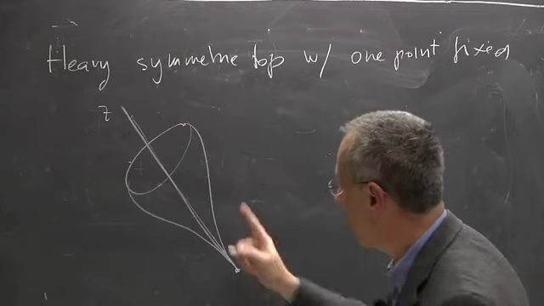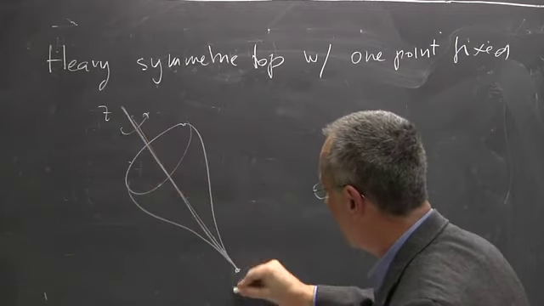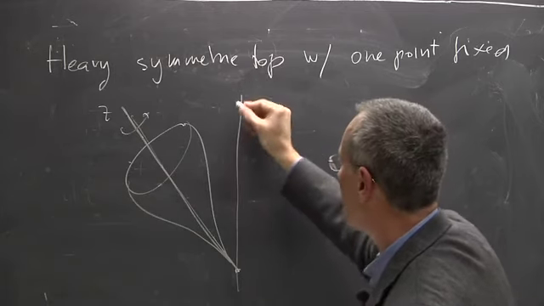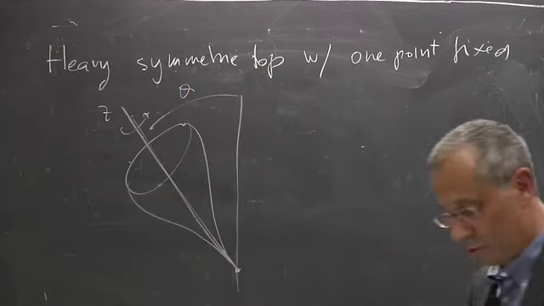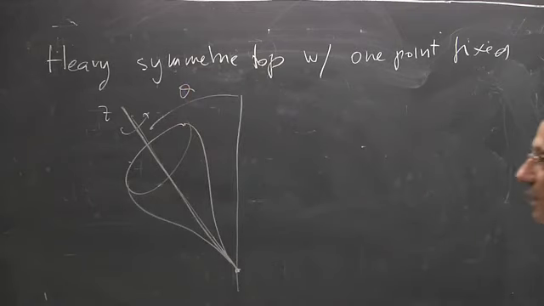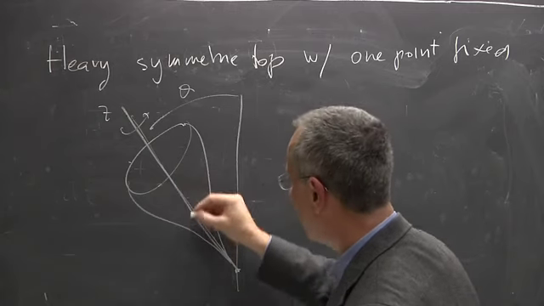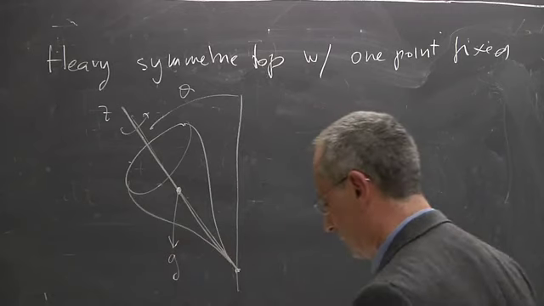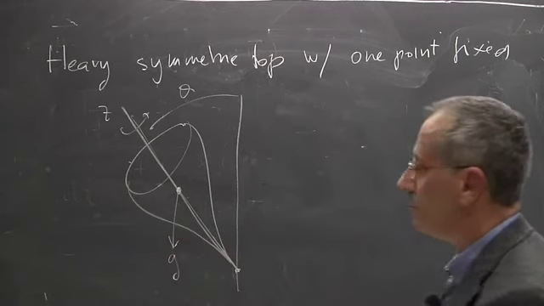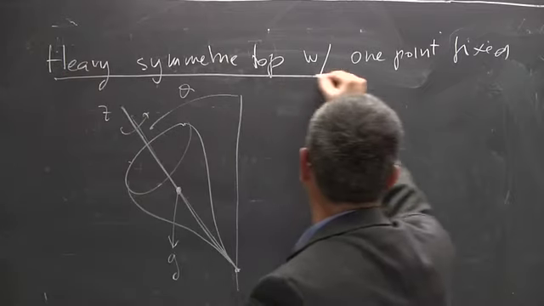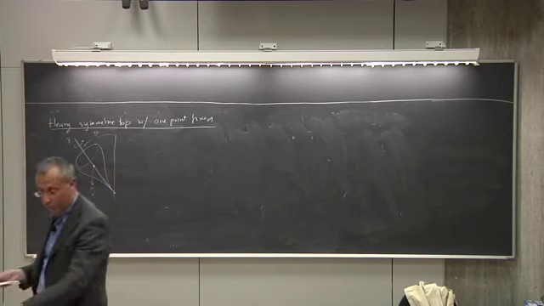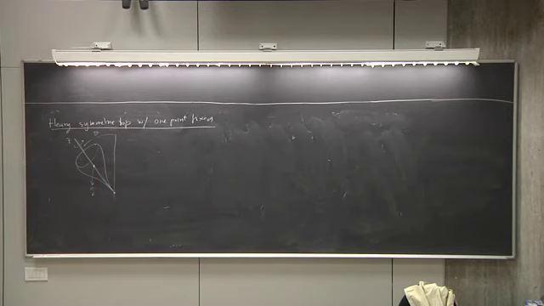It's spinning, so it spins about this axis. And this axis is not necessarily vertical; gravity is this way. So I have a theta angle that is going to be one of my Euler angles. And this guy is spinning. And here at the center of mass, you have gravity pulling down. As I said, historically people have studied these problems because it was fun, and also because it teaches us something important.